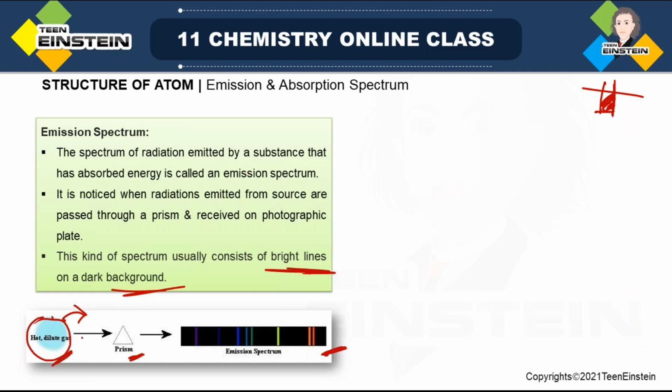So first, this hot dilute gas has absorbed energy, but now it is emitting that radiation. But in this emitted radiation, don't think all the wavelengths are present. Only some specific wavelengths are present. So that is why we are getting only lined type of nature. It is noticed when radiation emitted from the source is passed through a prism and received on a photographic plate, then we can get this type of emission spectrum.